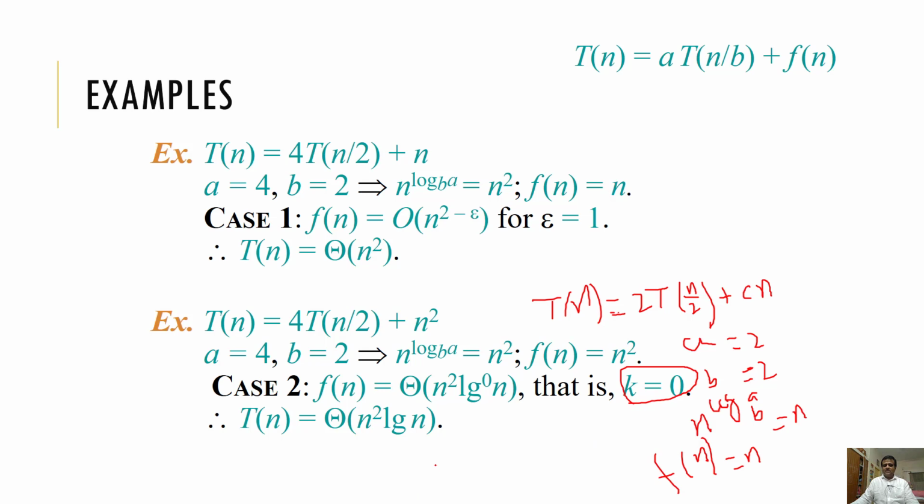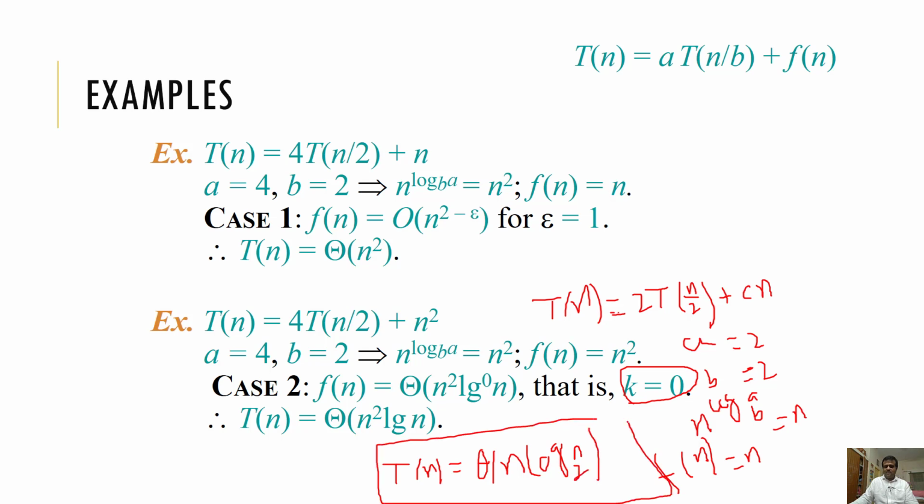Then the solution, T(n), will be big theta of n to the power log a base b, that is n, and we have a log n for k equal to 0. This log is base 2. That is exactly the runtime for merge sort. So merge sort comes under case 2 of the master method.